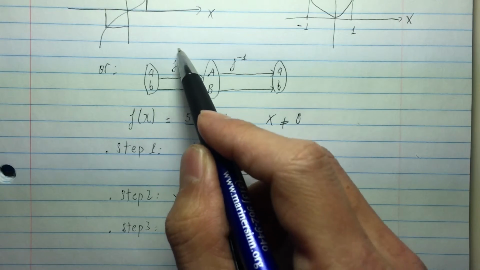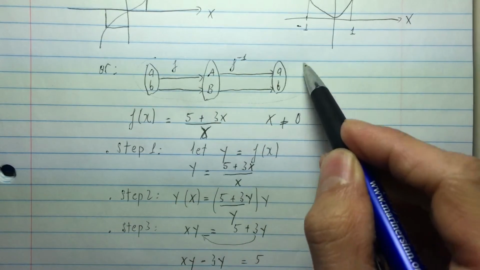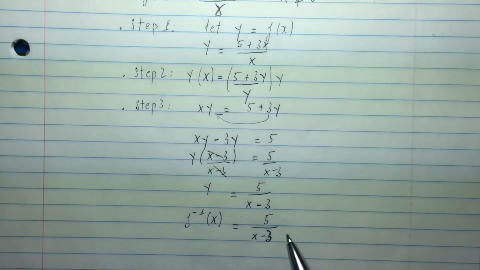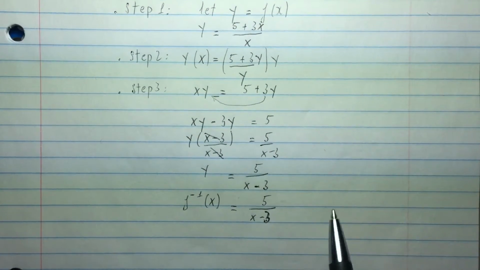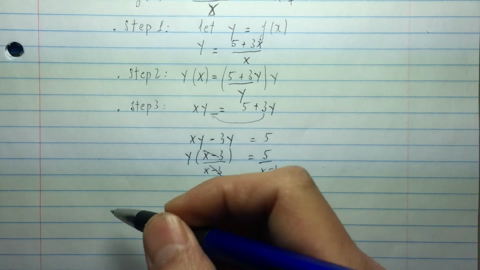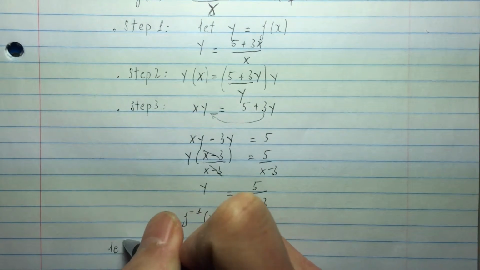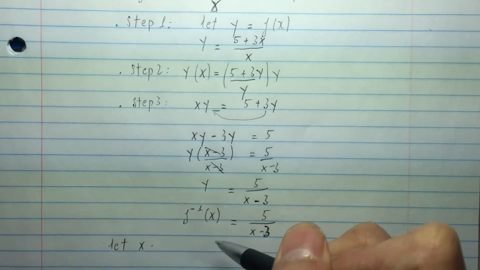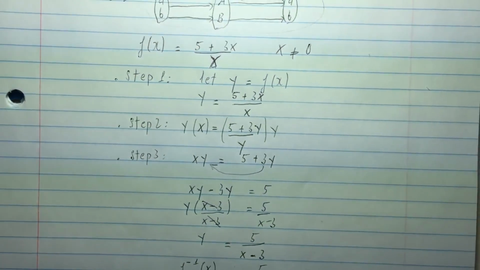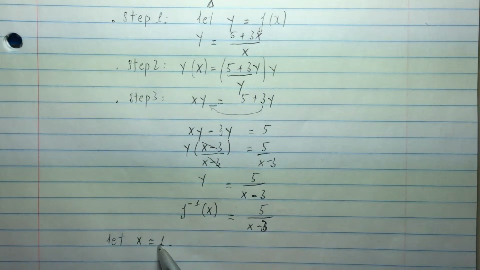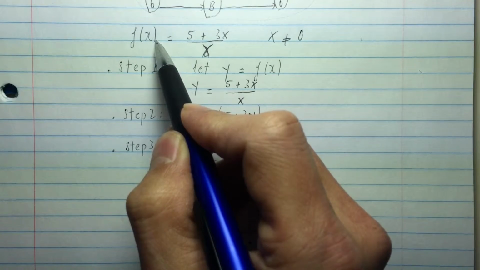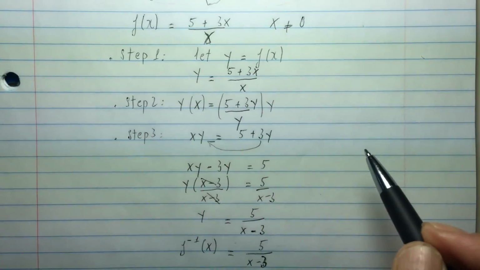Now I will use this one to find out if this is the inverse or not. So example, let x equal 1. So now I will substitute x equal 1 into this equation.